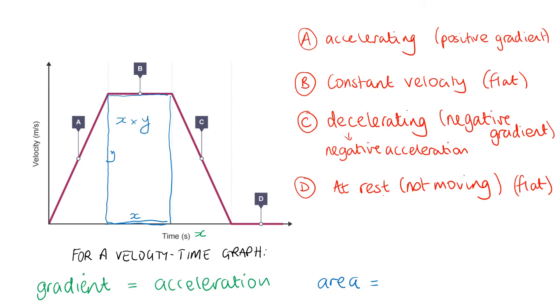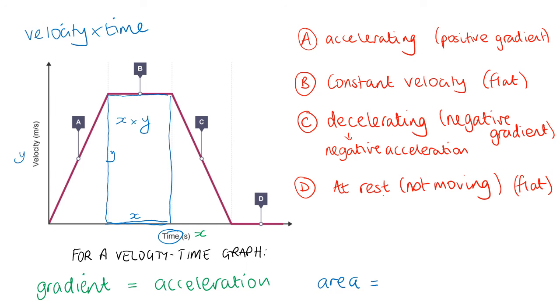Now if we look at the graph, we know that y is velocity and x is time. So the area under the graph is equal to velocity times time, because the sides of the rectangle are velocity and time.